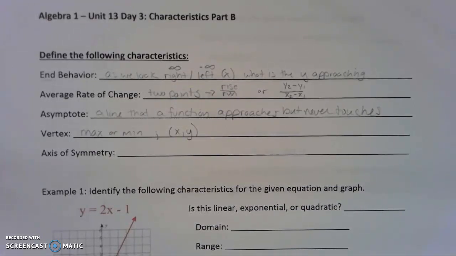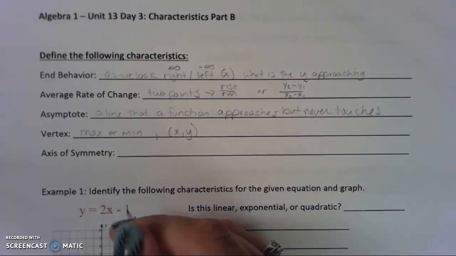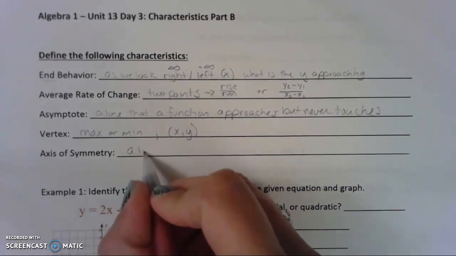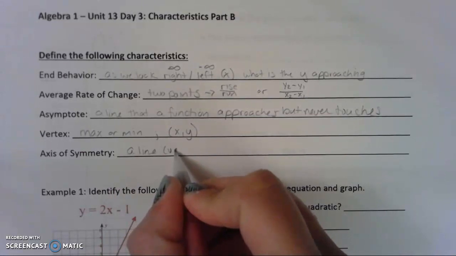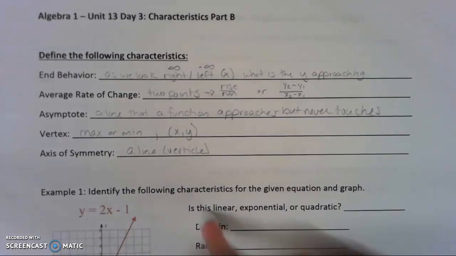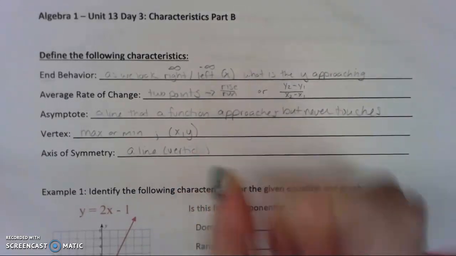The axis of symmetry, sorry guys, is a line that's not really there, but it's a line, specifically a vertical line. I did not spell that right, sorry.